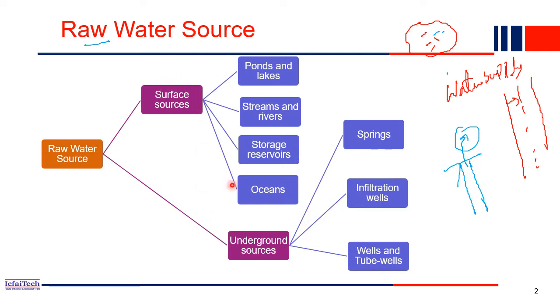Now you can understand there are two types of water stream we have, and these two types of water will have different properties. Surface water, like ponds and lakes, will have suspended particles floating on it, so we have to remove all these things. Whereas in the underground source, you may not find suspended solids, because the water passes through the soil mass and is deposited at the bottom.